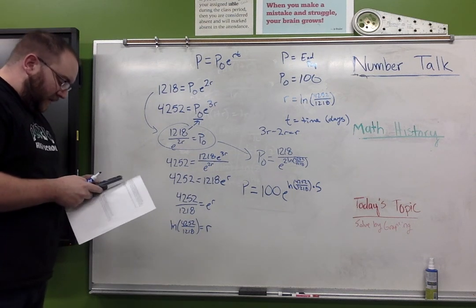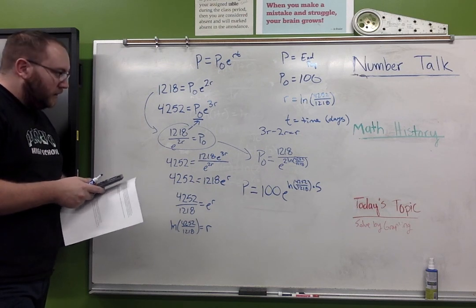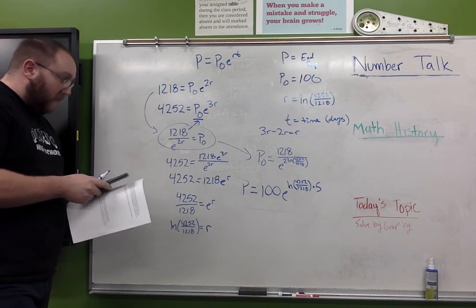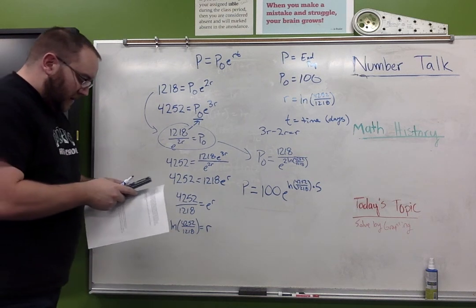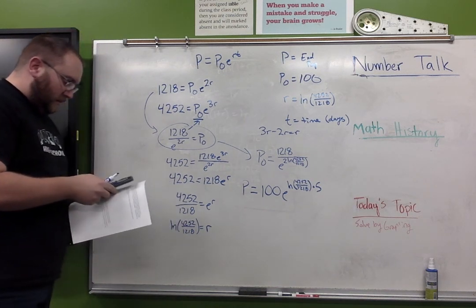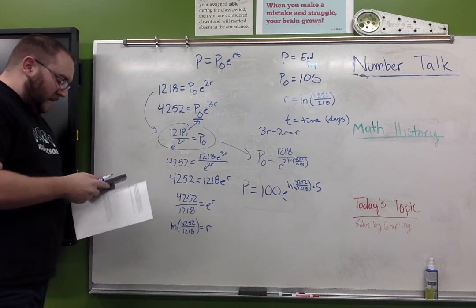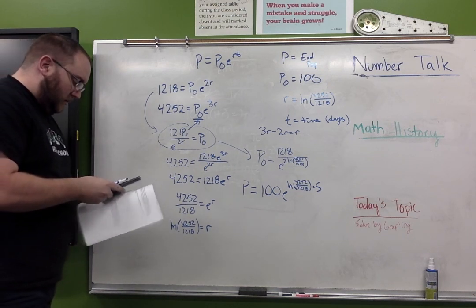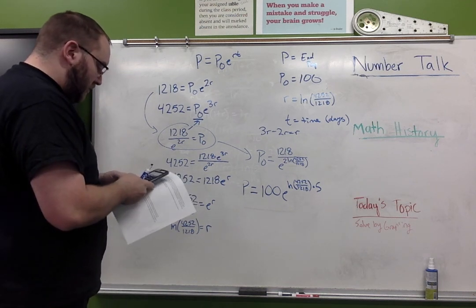So we have the natural log of 4252 divided by 1218 times 5, and that is in the exponent of e, and we want that to be times 100.